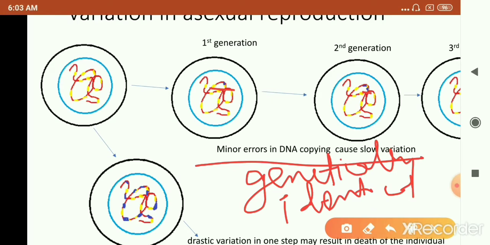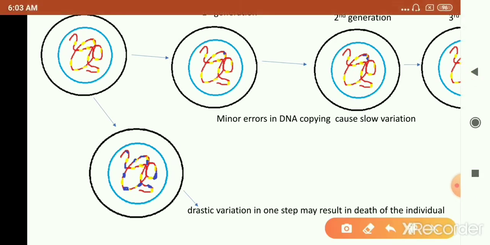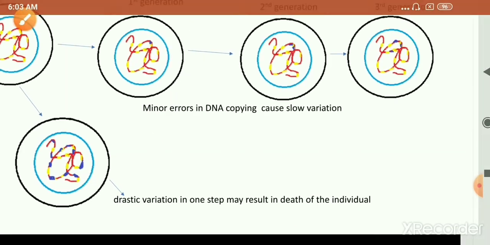Because if suppose there is major error occurring, or drastic variation occurs in just one step, every time the individual reproduces, then as we had discussed, DNA with a drastic change, very much different from that of the parental DNA, will not be able to work with the cellular apparatus, and so such a cell or individual will die.